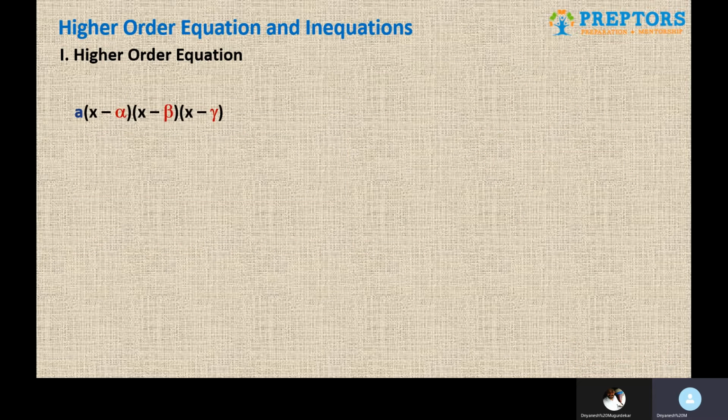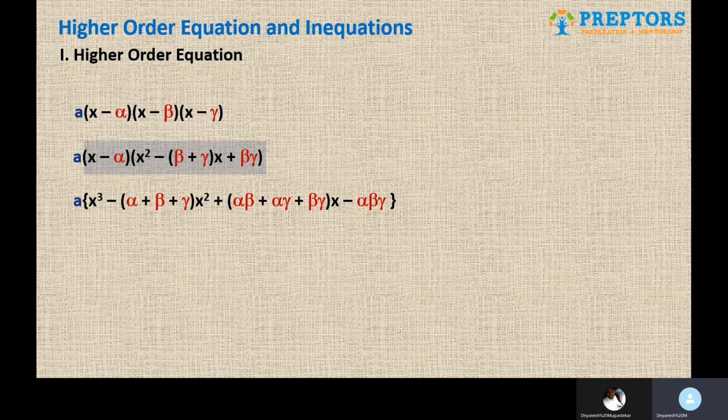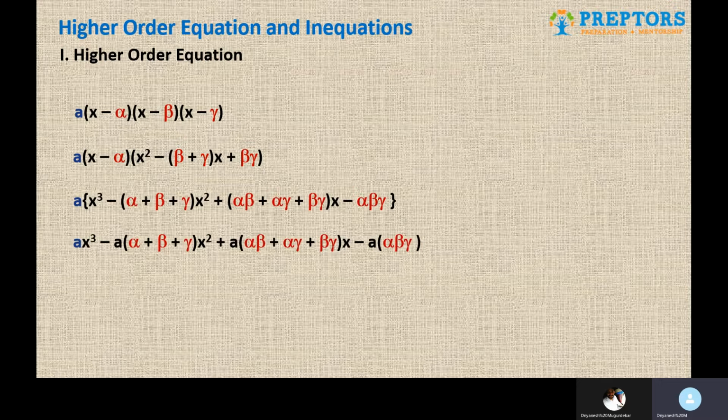Then how to factorize? Obviously, we are going to figure out some formulae as far as sum of the roots is concerned and the product of the roots is concerned, the way we did for quadratic equation. But here the pattern will remain the same.